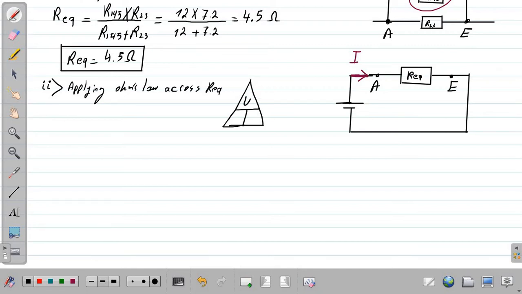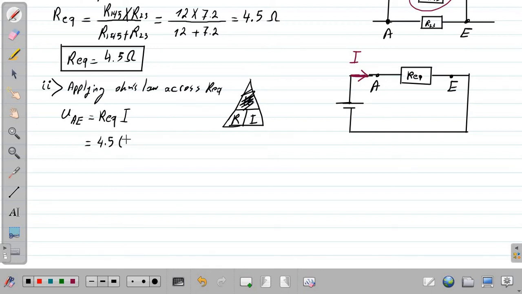So U R I. نحن بحاجة لحتى نعرف الفولتج. So hide the voltage. الفولتج هو UAE is equal أي R equivalent وأي current الكرنت اللي حيفوت بالR equivalent, which is the main current I. R equivalent is 4.5.